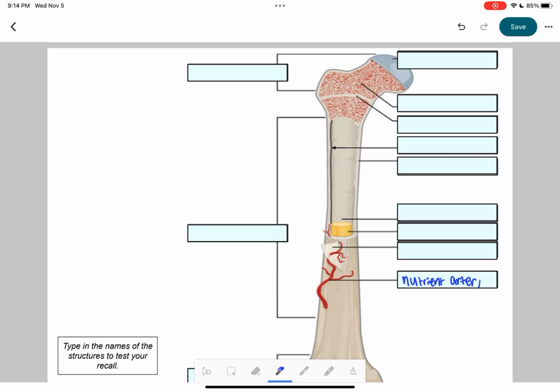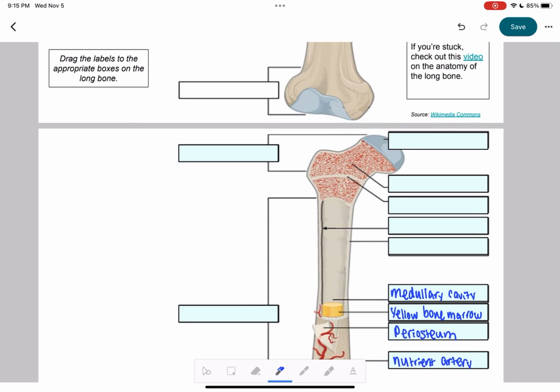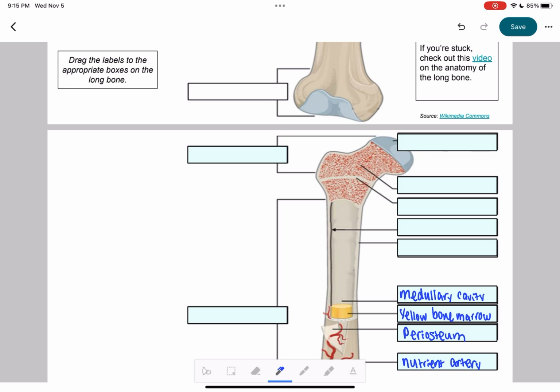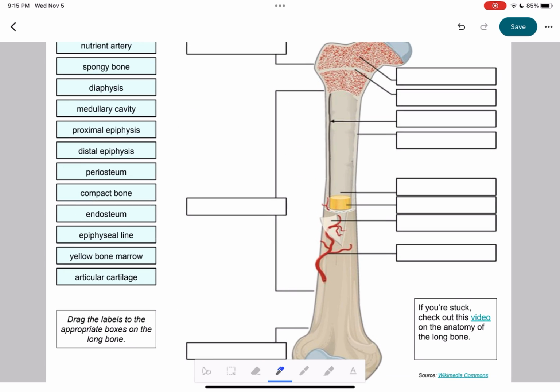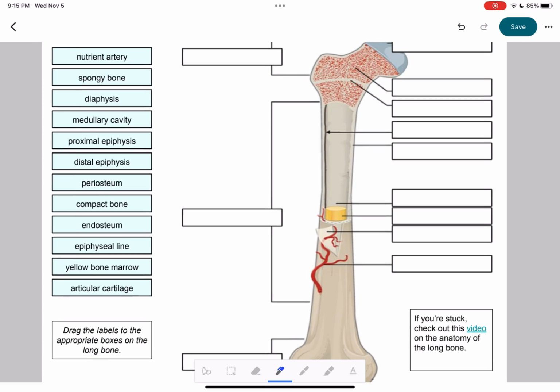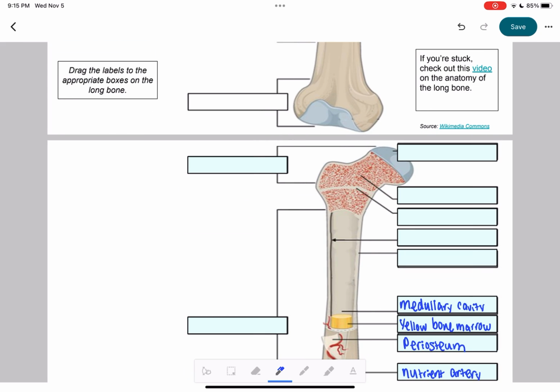So this is your nutrient artery, and then your periosteum, then yellow bone matrix, and then your medullary cavity. Then up here you have your articular cartilage.